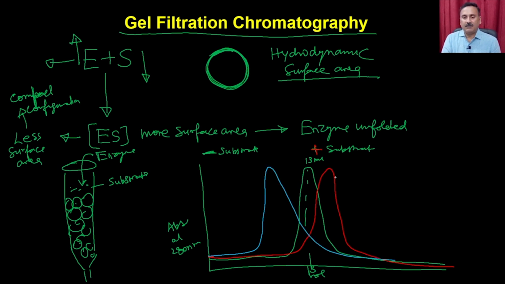Now the red curve, what you see, is the enzyme without substrate, and this is the enzyme with substrate when it is moving toward this side. This is going to be small surface area, and this is going to be large surface area.